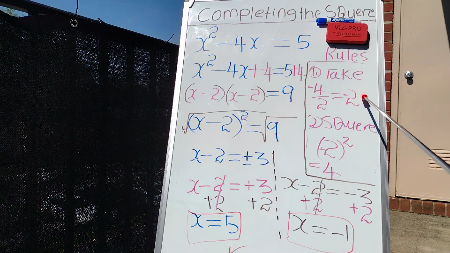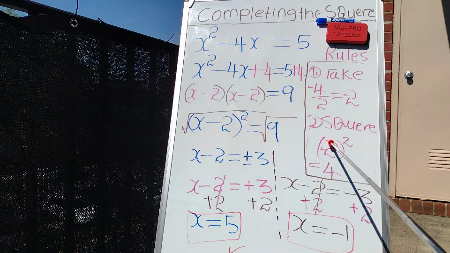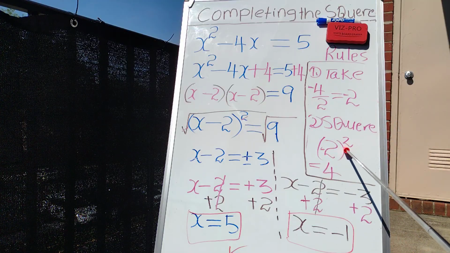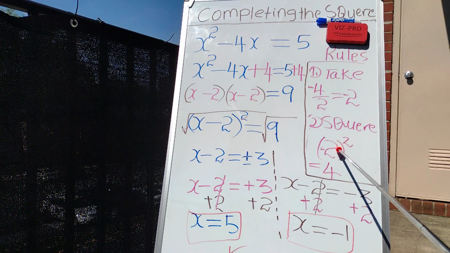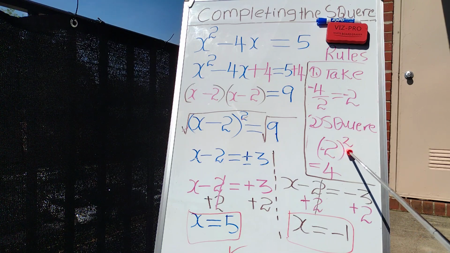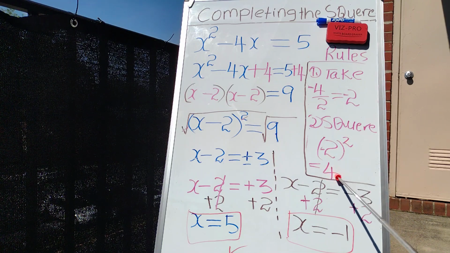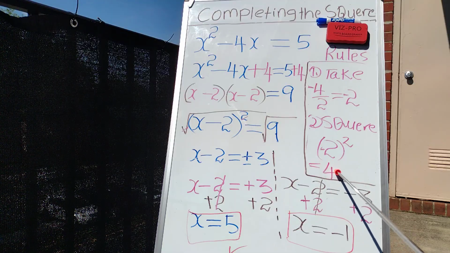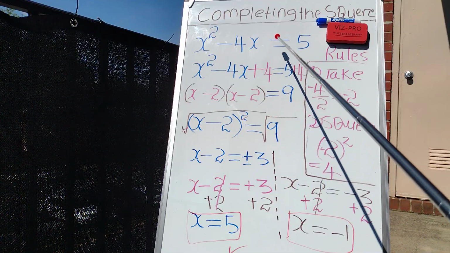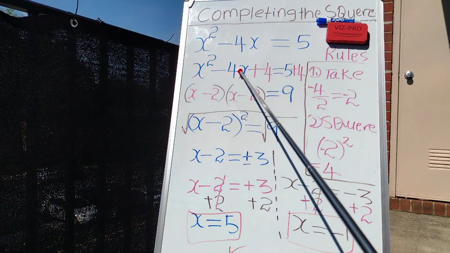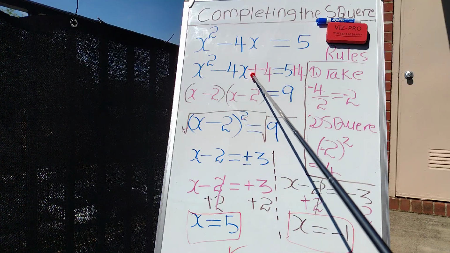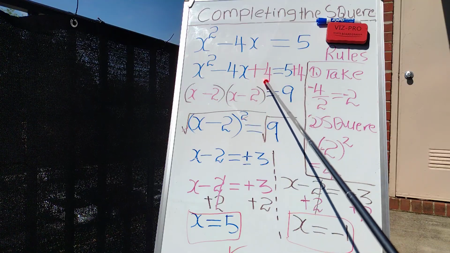Secondly, we are going to square the negative 2, which will be 4. Now you're going to take the 4 and substitute it in that equation. That is the one we are having here.